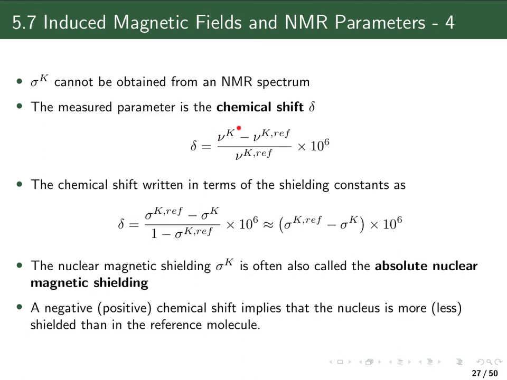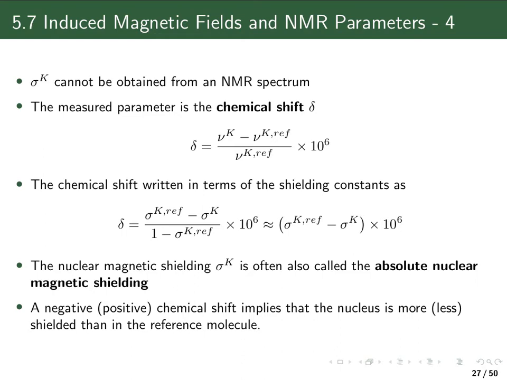Now, of course, we can insert our expression for the resonance frequencies, and then the unknown external magnetic field, external outside of the molecule, but not the field of the spectrometer, drops out of the equation. And we have here the well-known relation between the chemical shift, which is what we get out of the NMR spectrum, and our molecular property, which is the shielding constant of the molecule in which we're interested.